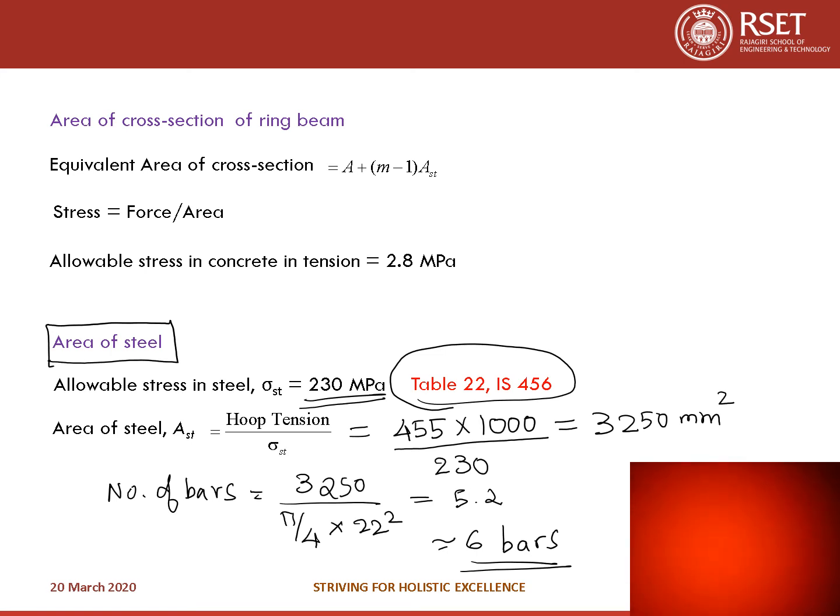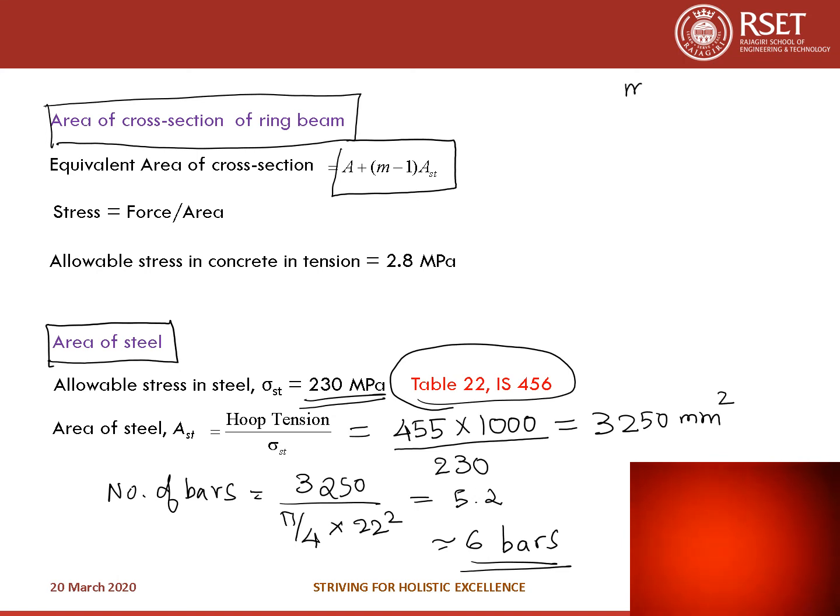Now let us find the area of cross section of the ring beam. Once you get the area of steel, you can find the equivalent area of concrete, that is A plus (M minus 1) ASD. Here M is the modular ratio. Modular ratio is the ratio of the Young's modulus of steel to the Young's modulus of concrete, but the code gives a formula to calculate it.